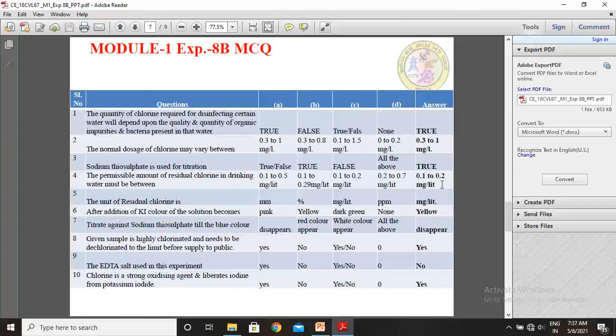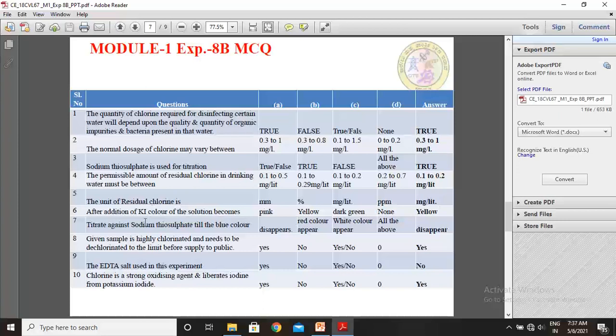Option is 0.1 to 0.2 milligram per liter. The unit of residual chlorine is: mm, or percentage, or milligram per liter, or ppm. Option is milligram per liter.